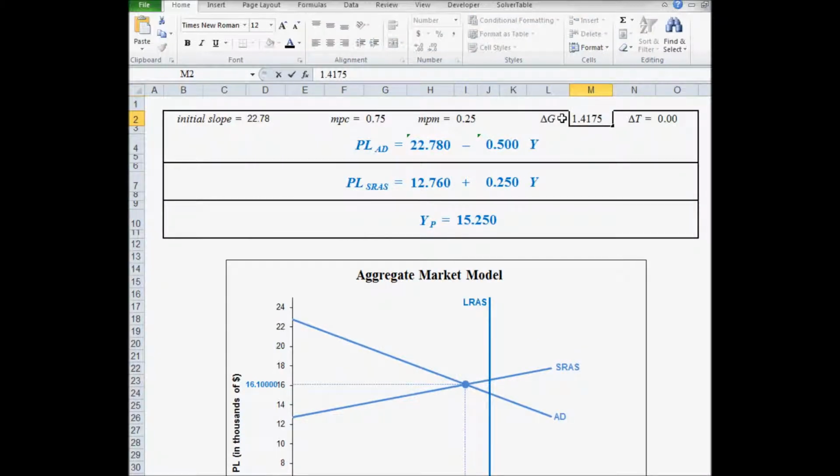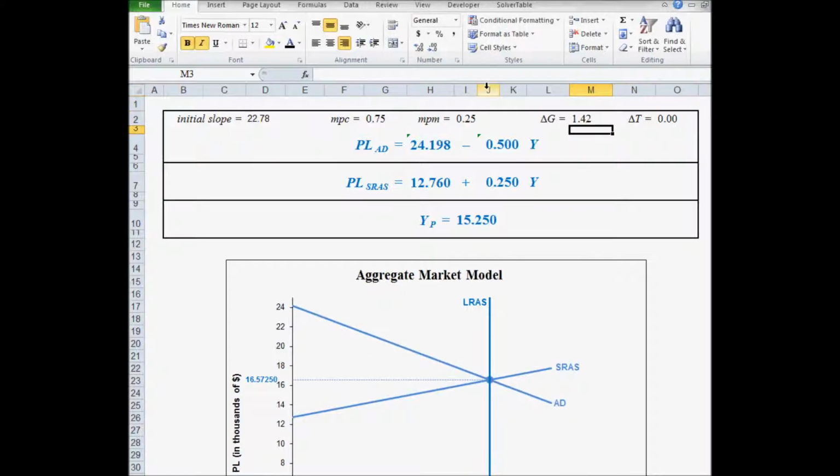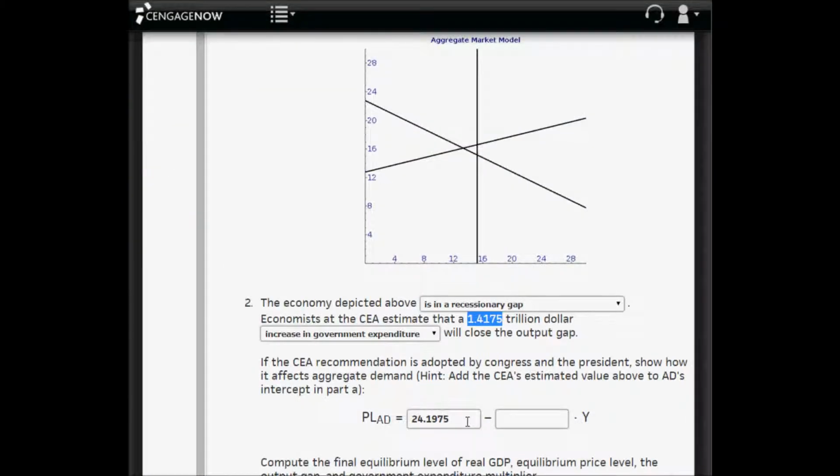And when we hit enter, the aggregate demand curve down here will shift to the point that corresponds to the intersection of long run aggregate supply and short run aggregate supply. And the new intercept is indeed 24.198, to 3 decimal places, correct?